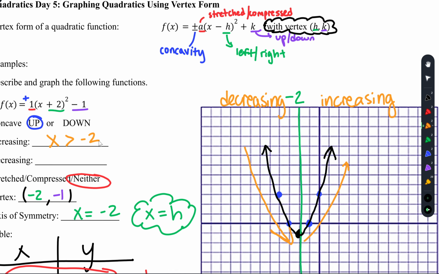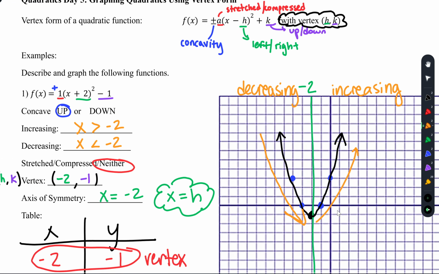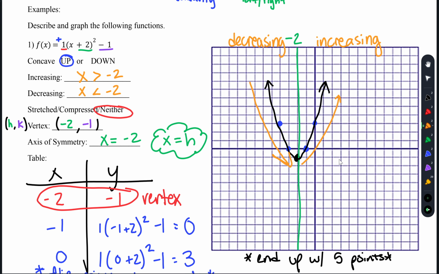For decreasing, we would say the opposite. All the values where x is less than negative 2, negative 3, negative 4, negative 5, onwards, we're decreasing. So for all the values where x is less than negative 2, that's a decrease. Does that make sense?